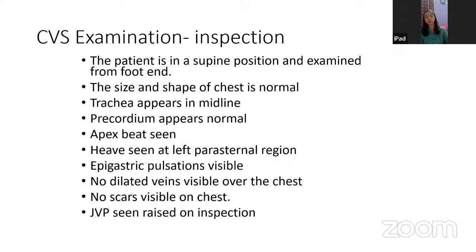First of all, it is straight. It has a straight course and it opens directly. And what about the left side? On the left side, the external jugular will join, and first of all it is not straight, and it will open into the brachiocephalic or innominate vein. So the left is not directly draining. The right one is directly draining.